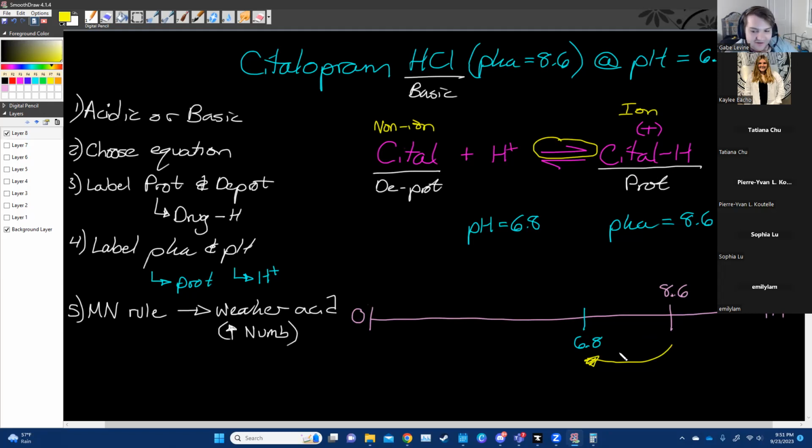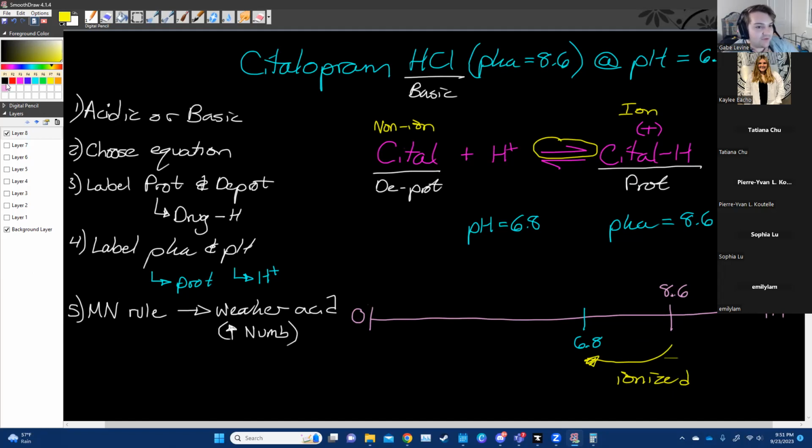Protonated, right? Which means Mother Nature is choosing ionized or non-ionized? Ionized. Exactly. So Mother Nature is telling us what kind of structure we should have.